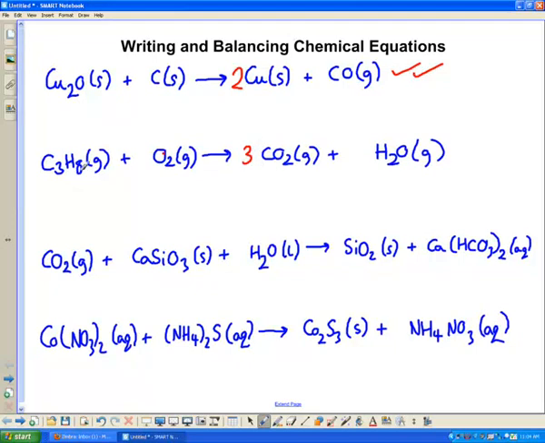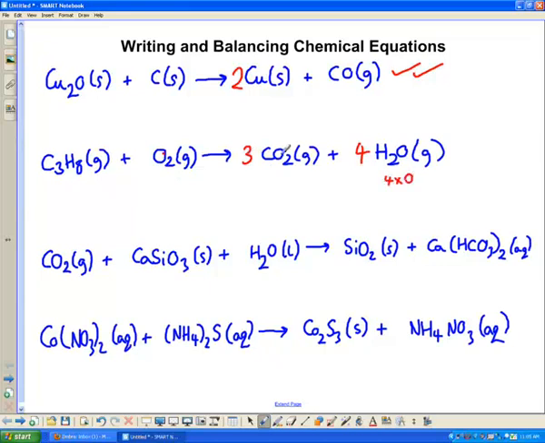Next, we're going to do the hydrogens. Well, that's 8 hydrogens here. The only place I have hydrogens here is in water, and there's 2. So how many times does 2 go into 8? Well, of course, that's 4 times. So now I've balanced for my carbons, I've balanced for my hydrogens. All I have to do now is balance for my oxygens. And so the simplest way to do that here is just to say, well, I've got 4 oxygens on this side.